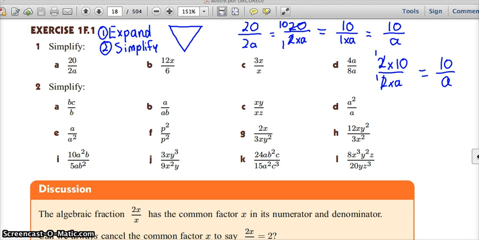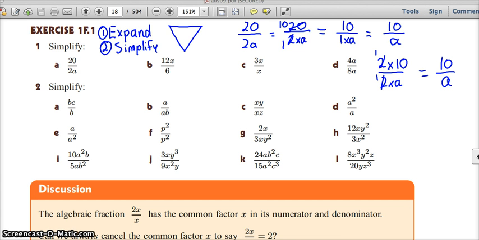I've said from the start of the year, there are multiple ways of solving in maths. I show you 2 ways, there might be other ways that you want to do it. But the main thing is to expand and then simplify.